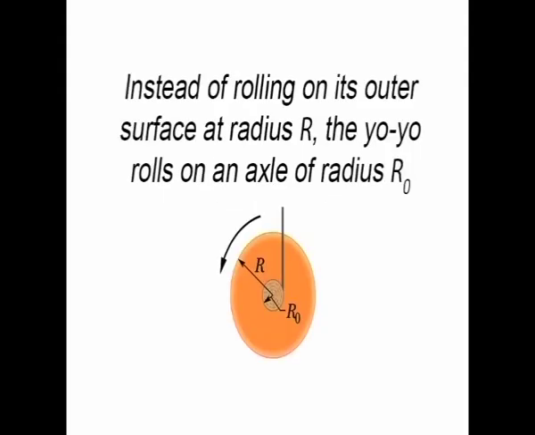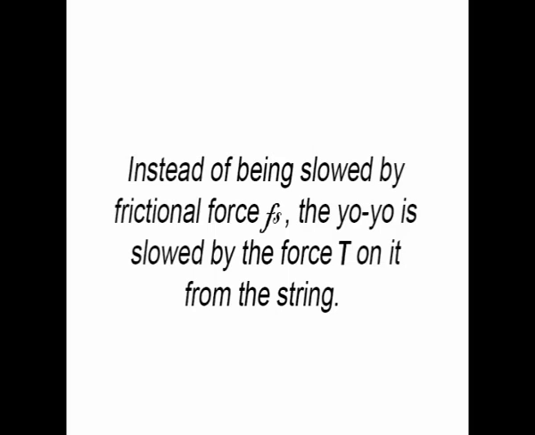Instead of rolling on its outer surface at a radius r, the yo-yo rolls on an axle of radius r0. Instead of being slowed by frictional force Fs, the yo-yo is slowed by the force T on it from the string.